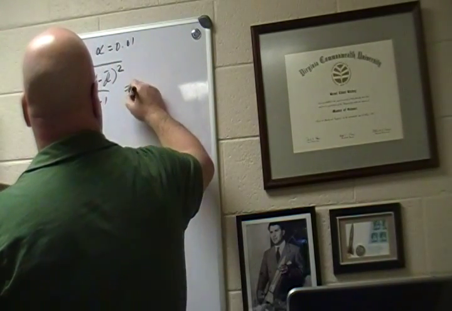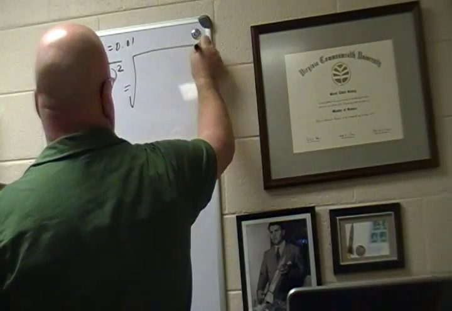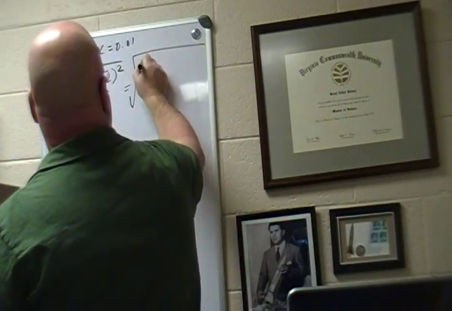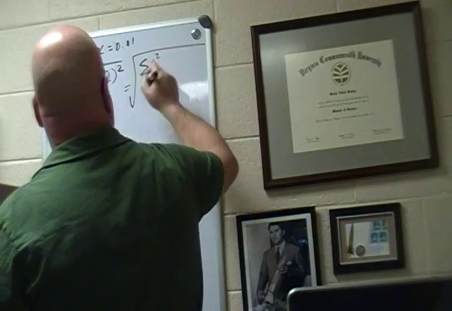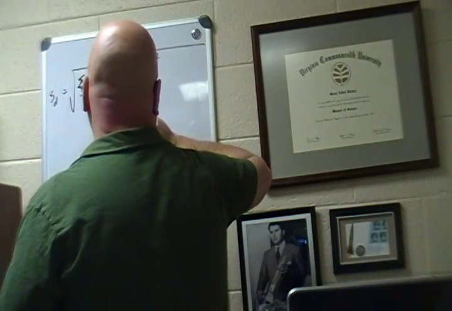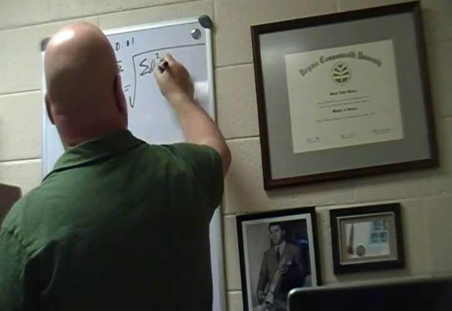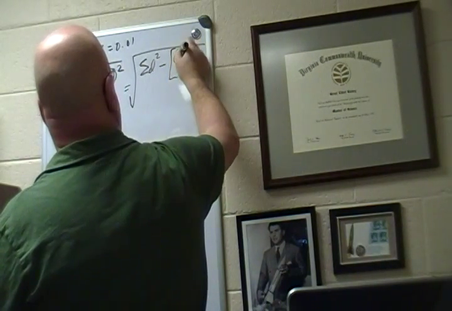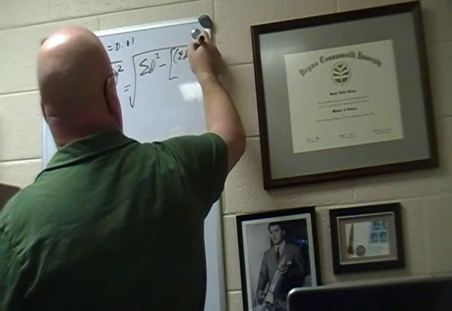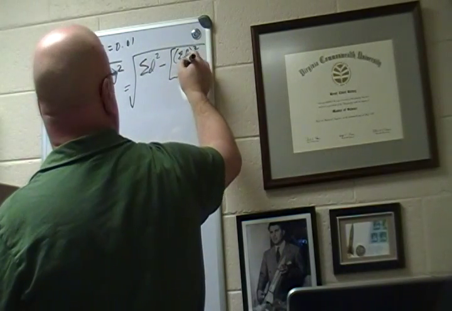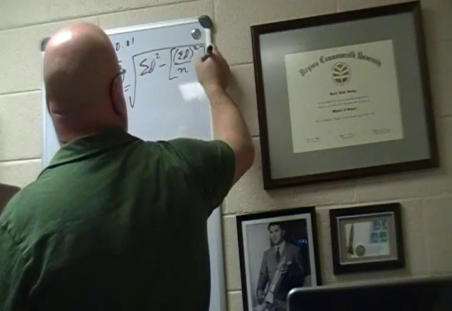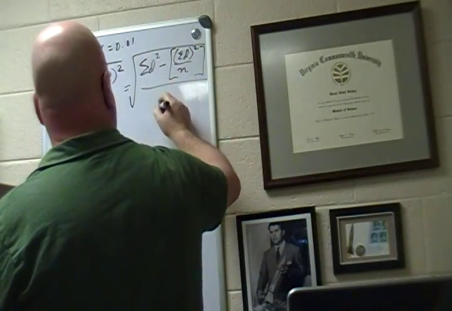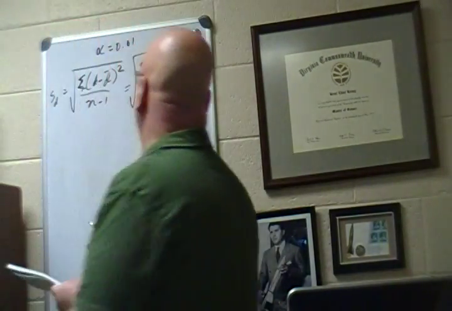Or the formula that looks worse but is quicker to compute: the sum of the differences squared minus the square of the sum of the differences divided by N, all divided by N minus 1.